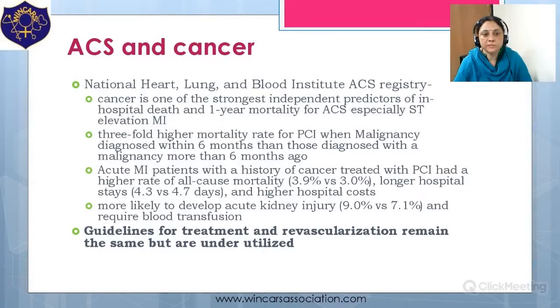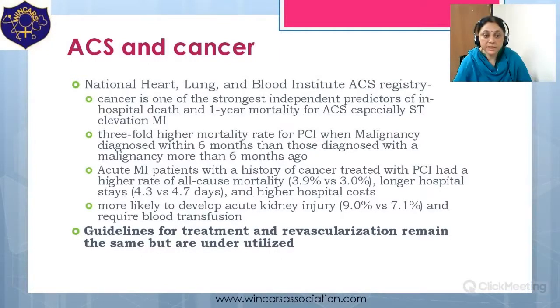Coming to ACS in the patients with cancer, it was seen that cancer is one of the strongest independent predictors of in-hospital death and 1-year mortality for patients with ACS, especially ST elevation MI. The mortality was threefold higher when PCI was done for acute MI if the malignancy was diagnosed within 6 months.